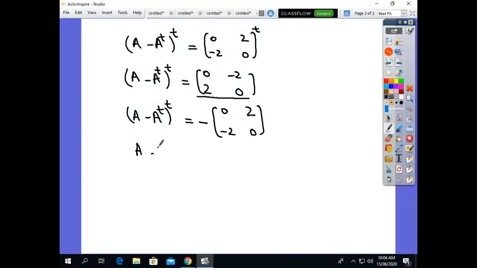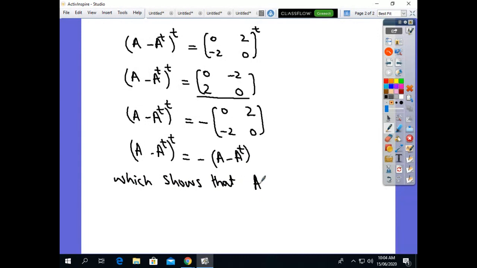Here we see that [0, 2; negative 2, 0] is equal to A minus A transpose, which shows that A minus A transpose whole transpose is skew symmetric, which shows that A minus A transpose is skew symmetric.